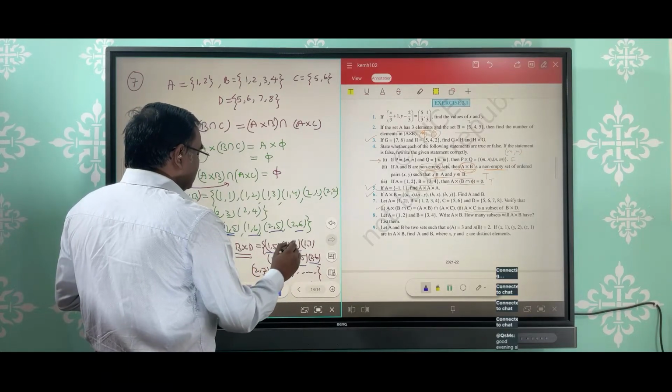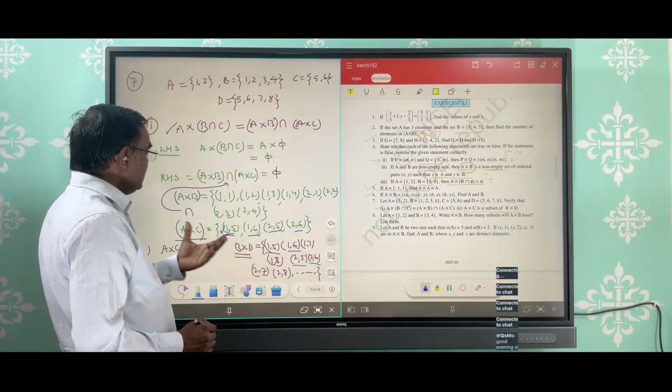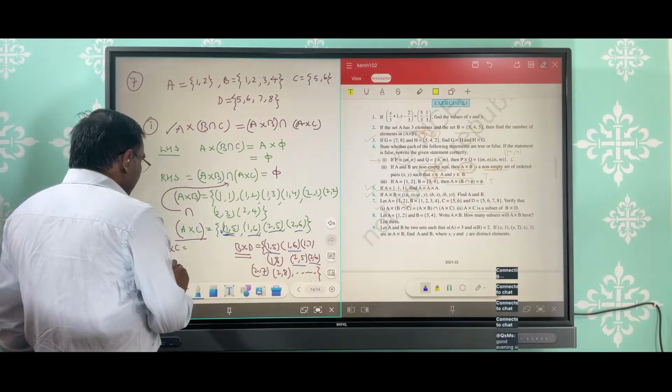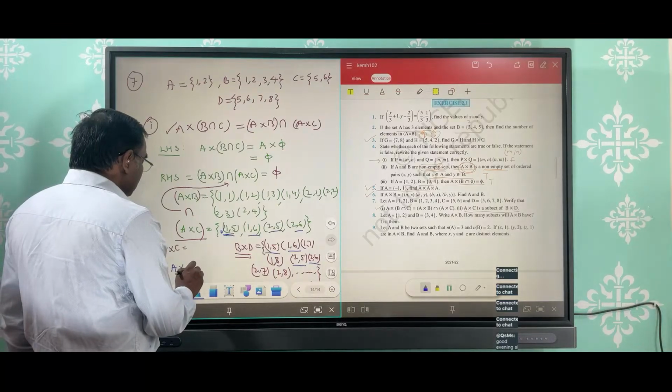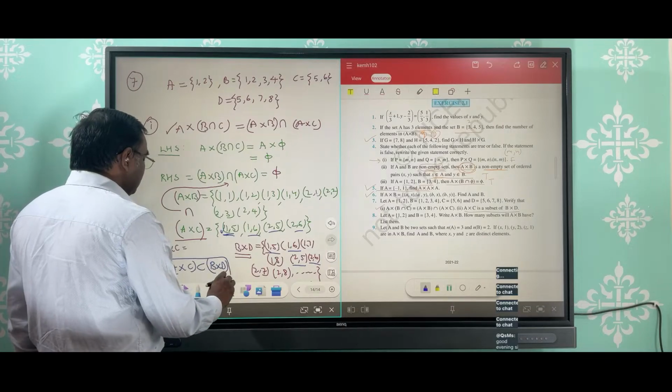This means that B cross D is the bigger set and A cross C is the smaller set. That means A cross C is a subset of B cross D. Okay, so that is also verified.